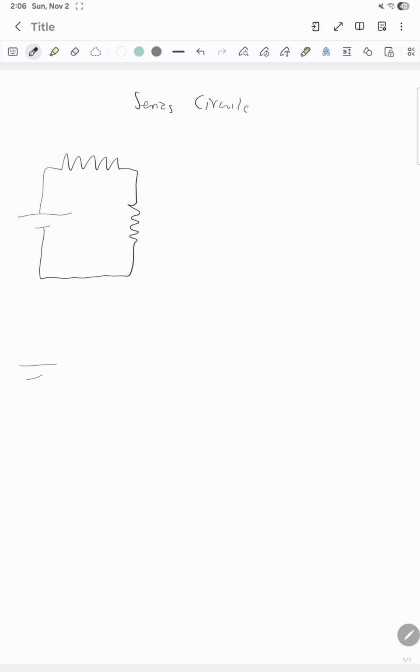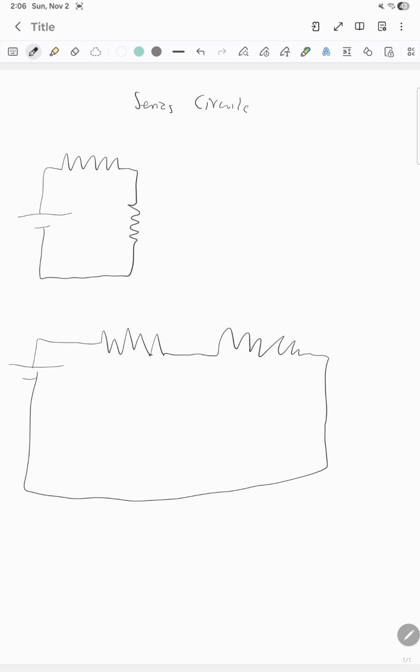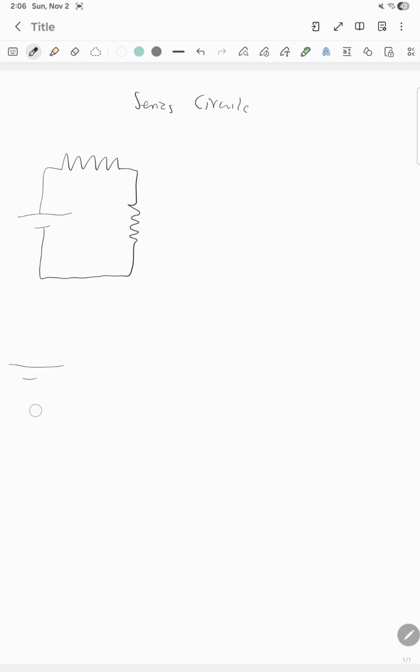You could also see a series circuit like this. You have a resistor here, and then you keep having a resistor, and these are in series because they follow one another.